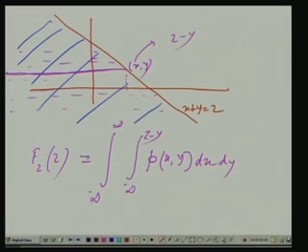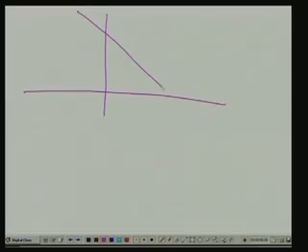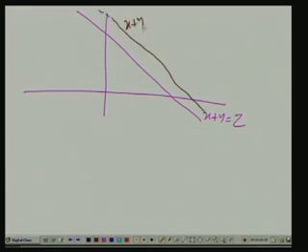How about the probability density? For probability density, I have this basic line given, for x plus y is equal to z, and then I take another line, for x plus y is equal to z plus dz.